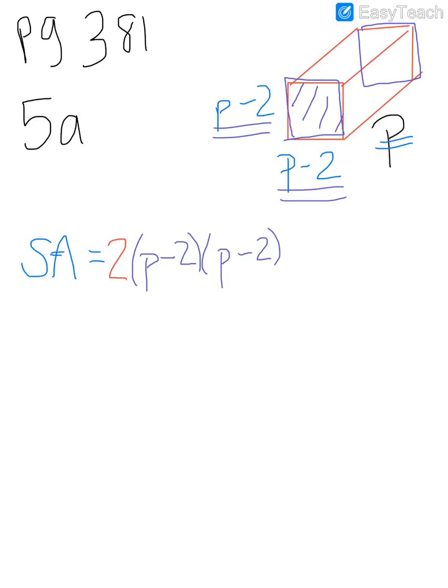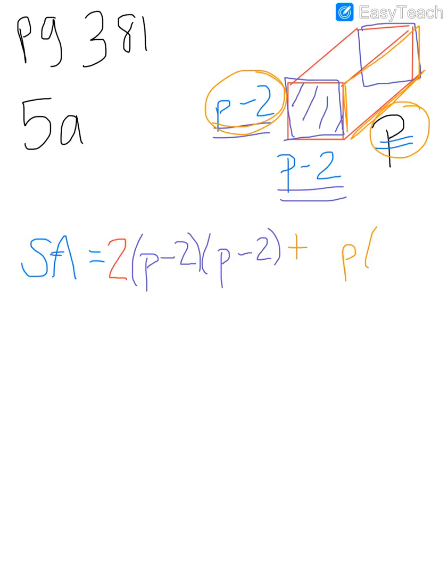From there, what would we paint next? Hopefully you would see that we would paint one of the rectangles. I'll color this orange, and there are 4 rectangles total. What's the surface area of one of those rectangles? We're going to add to this. The surface area of one of the rectangles is length times width. The length of that rectangle is p, and the width of that rectangle is p minus 2.